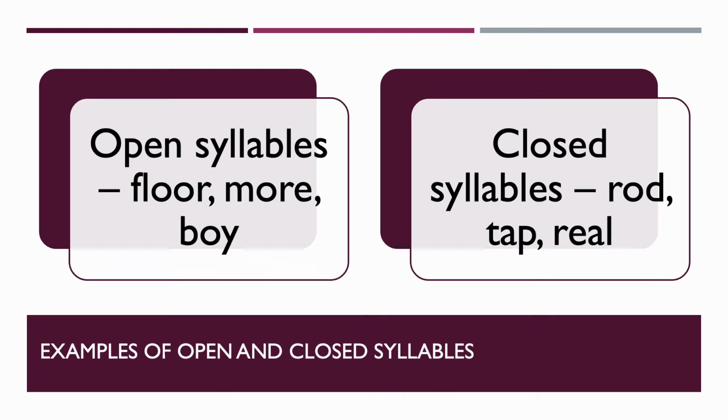Rod ends with a consonant sound. So the distinction between open and closed is just whether it has a coda or not. And it is important for you to transcribe the word before you can get the constituents in the syllable.